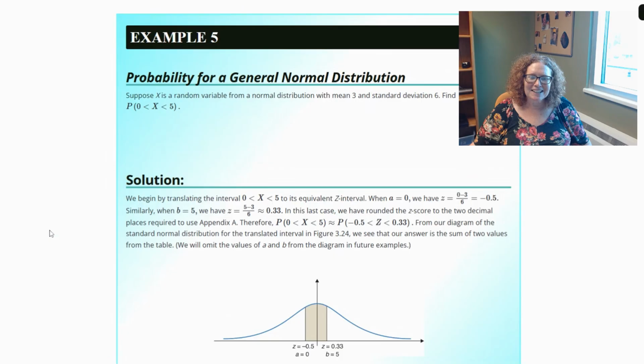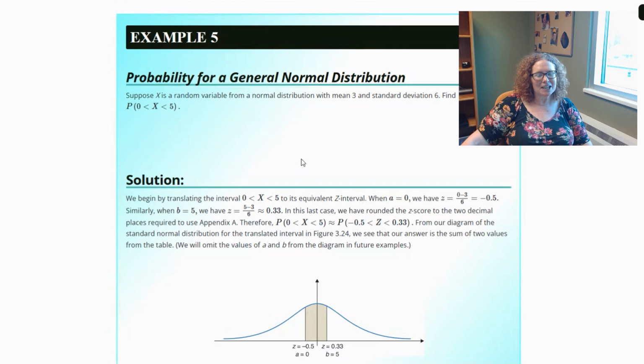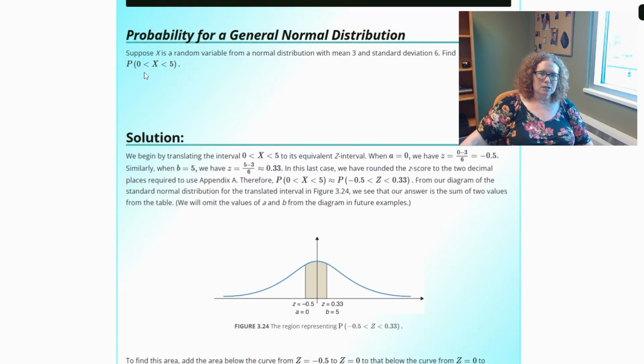Again, we're going to go back and look at a general normal distribution, where the mean is not 0 and the standard deviation is not 1. We did those, right? Now we're going to go to where that's not the case. So suppose that x is a random variable from a normal distribution with mean of 3 and standard deviation of 6. We want to find what that x value is.